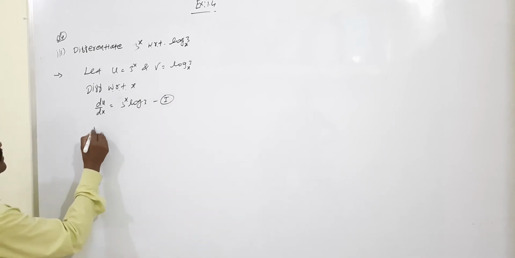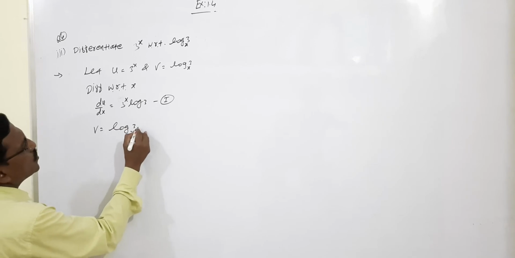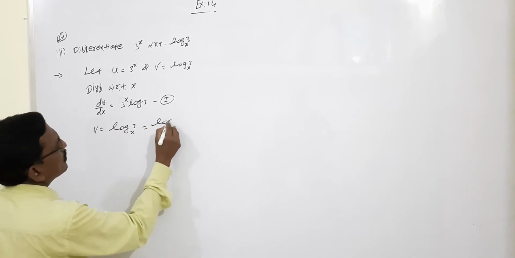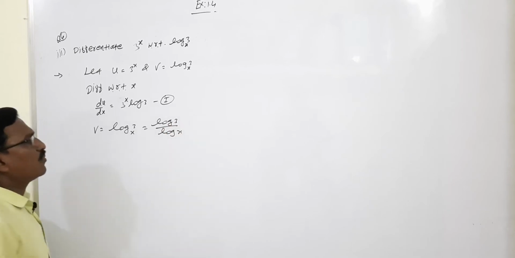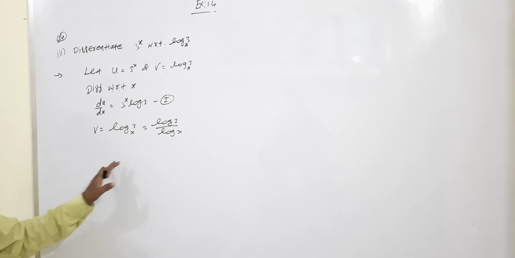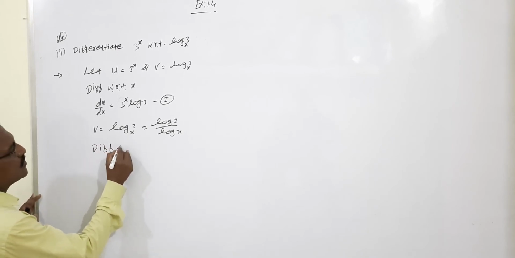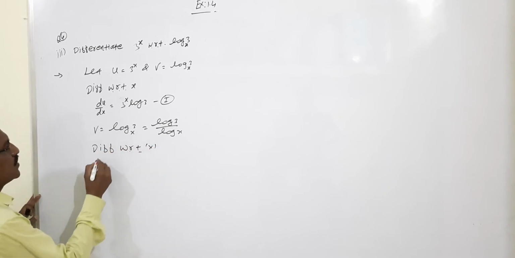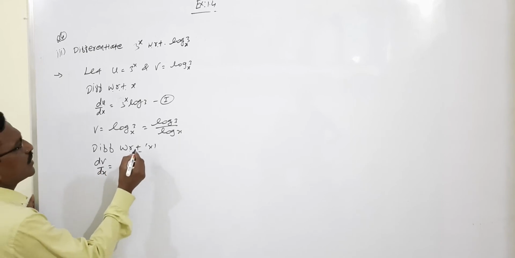Now we take the second function v equal to log 3 to the base x. We can write this also as log 3 upon log x. Now we differentiate it with respect to x, so the derivative of v with respect to x is dv by dx.